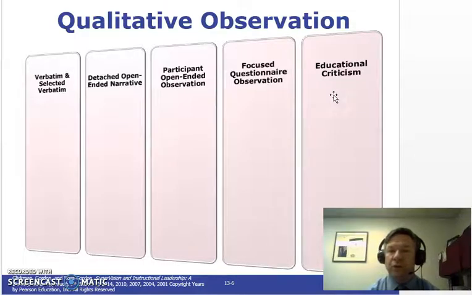It's almost like you're an art critic, so as a quality administrator, principal, you know what it is that you want to see for quality instruction, and you're looking to see that, and you're articulating all information and feedback to the teacher around what you expect to see and what you did or didn't see take place in that lesson.